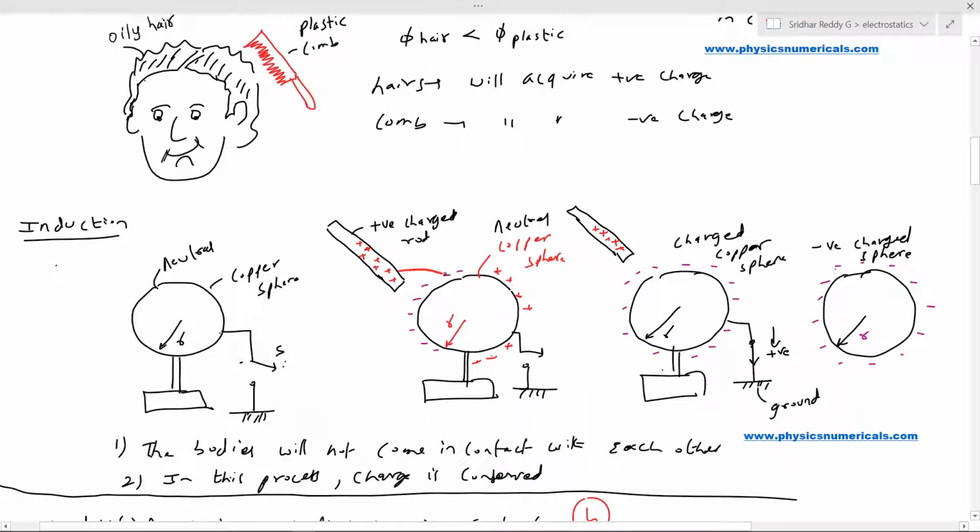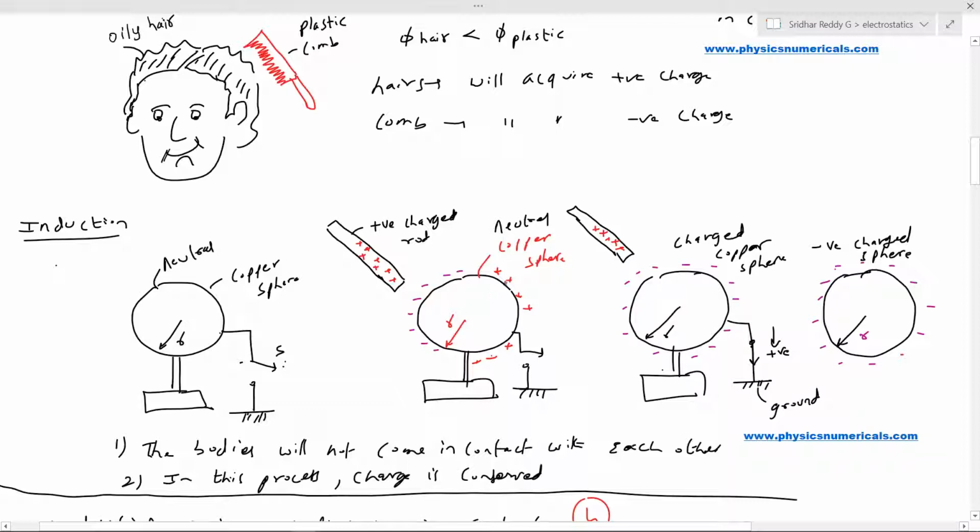Yes, there will be a force of interaction. This electrostatic attractive force will not permit the negative charges to flow onto the earth.